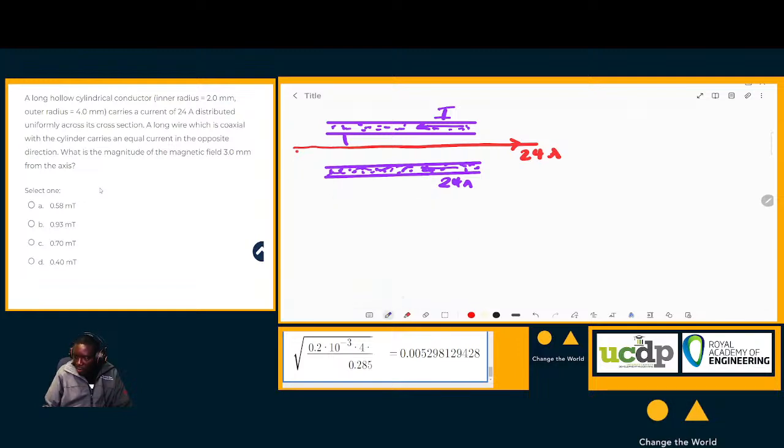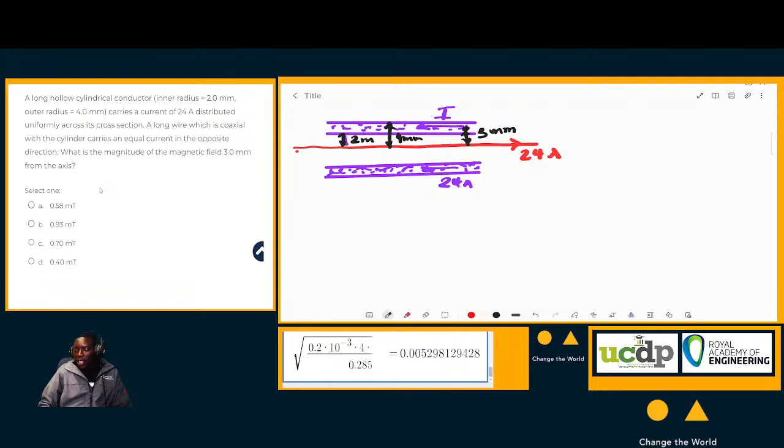That distance there is 2 millimeters. Then the one to the outer edge is 4 millimeters. And we want to find the magnetic field at 3 millimeters. That's the point where we have to find the magnetic field.